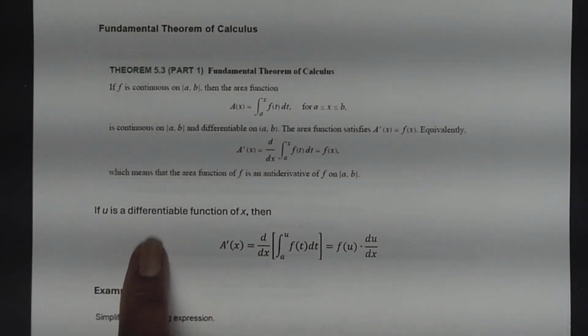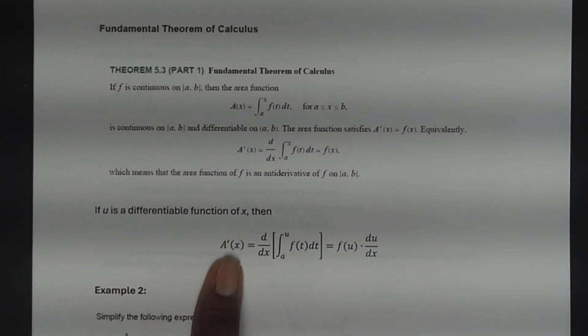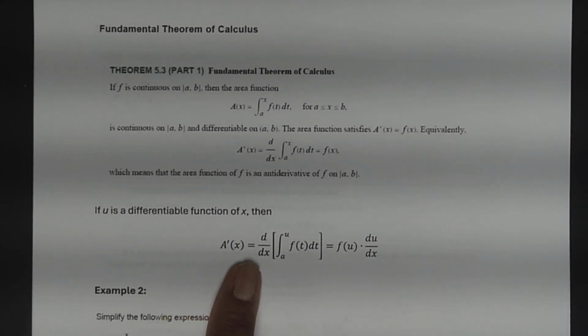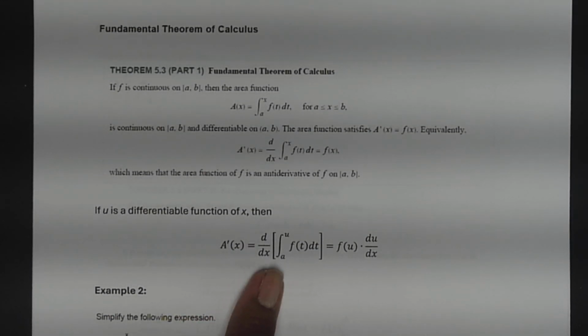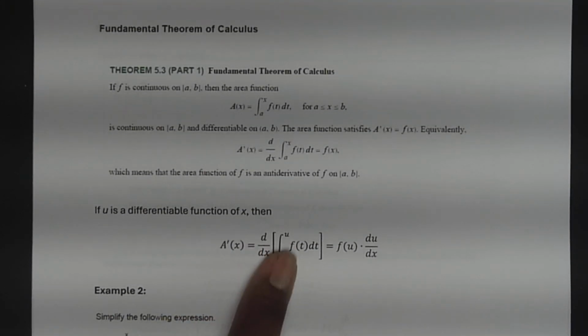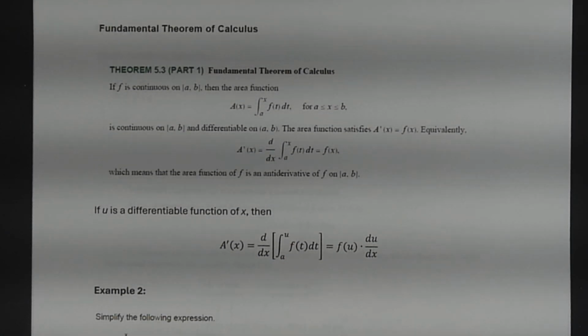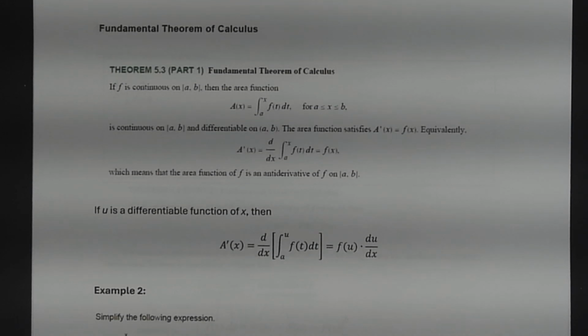And also, if u is a differentiable function, and this is something I added to these notes as well, then A prime of x is going to be equal to the derivative with respect to x of the integral from a to u of f of t dt, equaling f of u times du dx.